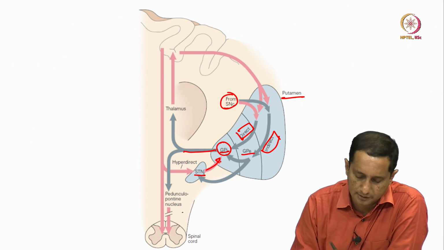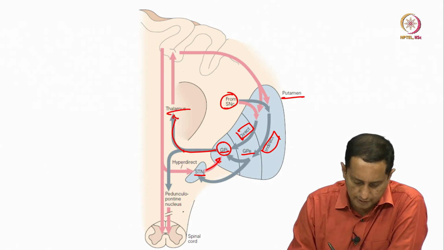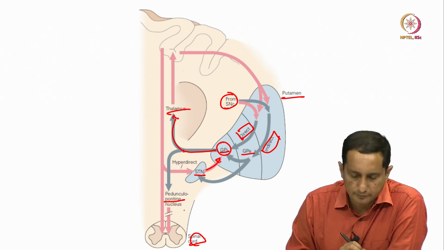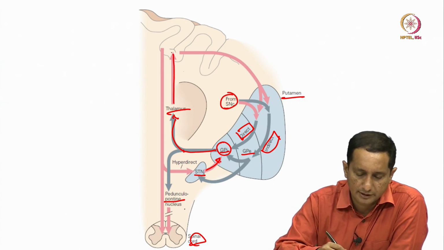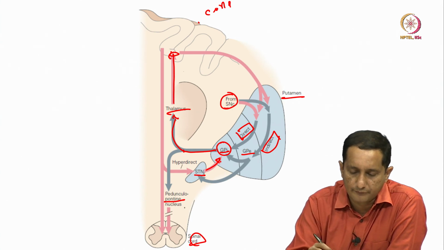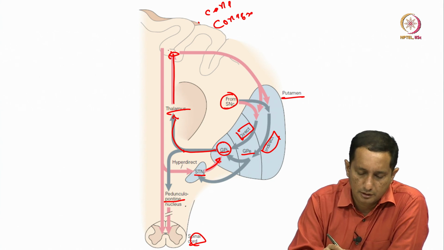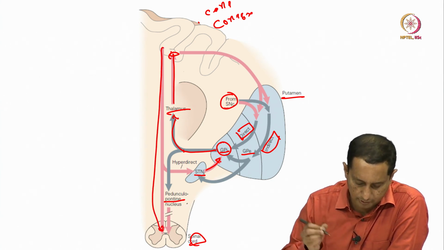That in turn sends information to the thalamus and also to the pons, and from there onto the spinal cord. The thalamus in turn relates onto the cortex. The cortex in turn relates the information to the spinal cord.